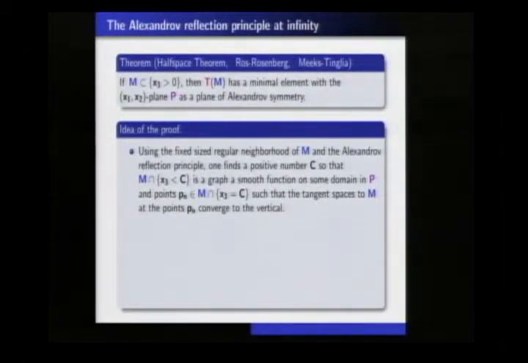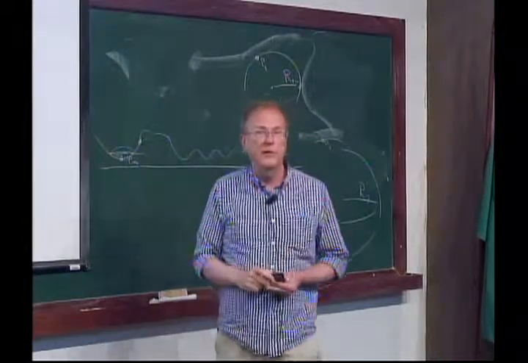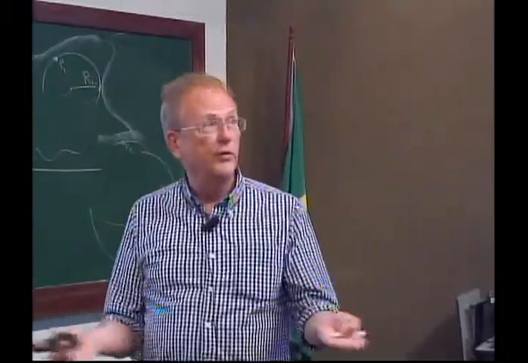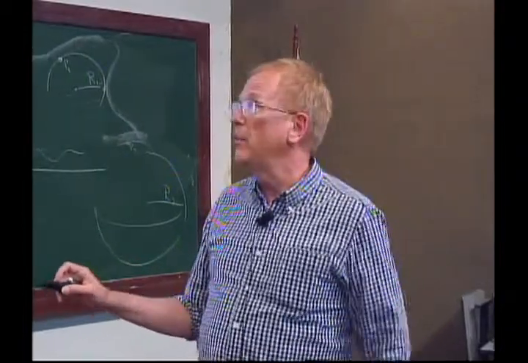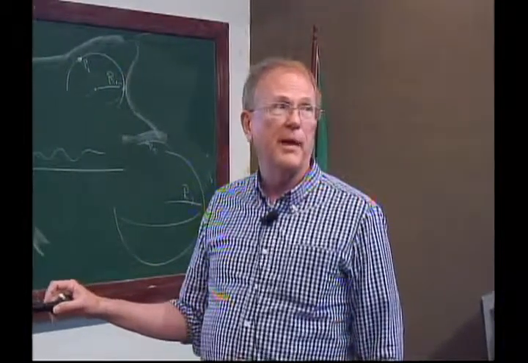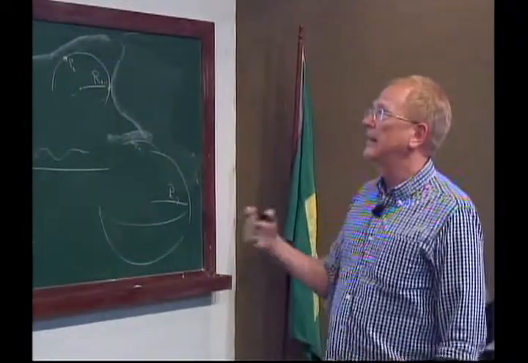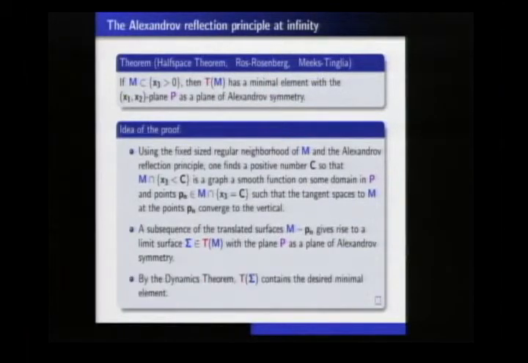There are points where the tangent plane becomes closer and closer to vertical. Okay, so you have these graphs. The graphs converge to a graph, but we have this vertical plane and then you apply the Hopf maximum principle at the boundary of that reflected image. So anyway, you see that these translated surfaces end up having a plane of reflective symmetry.